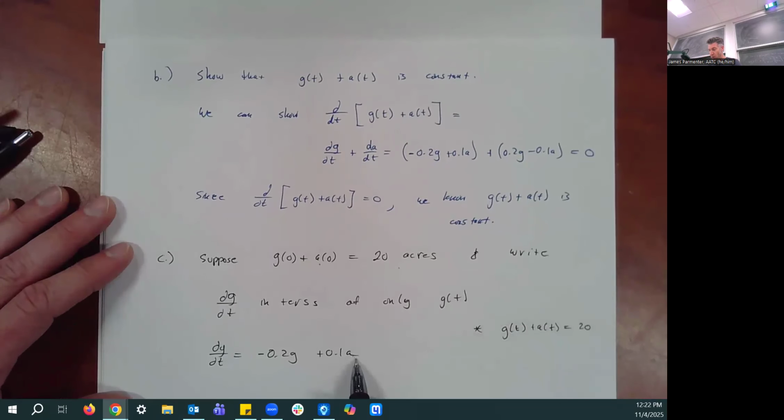Then to separate, with the g on the left and the t on the right, we divide by negative 0.3 g plus 2. So we rewrite this as 1 over negative 0.3 g plus 2 dg equal to 1 times dt, or just dt. And then we integrate both sides.